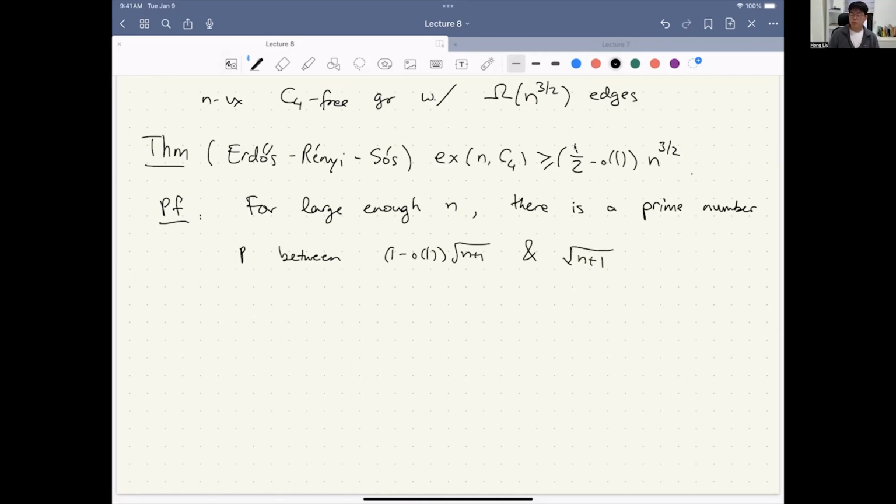So just take a prime that's very close to square root n plus 1.